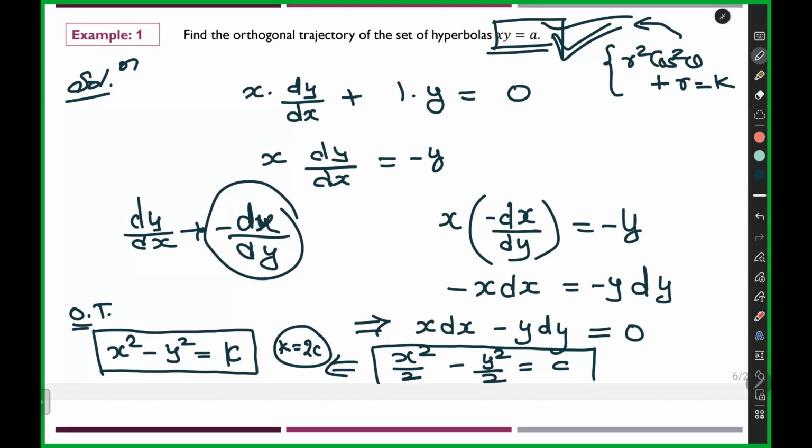If you have to go from Cartesian form to polar form, you can easily do it: x equals r cos theta and y equals r sin theta you have to put, right? And you can go to polar form.